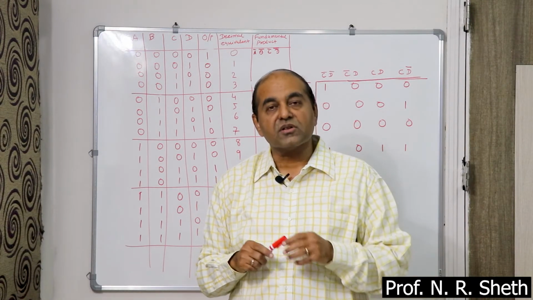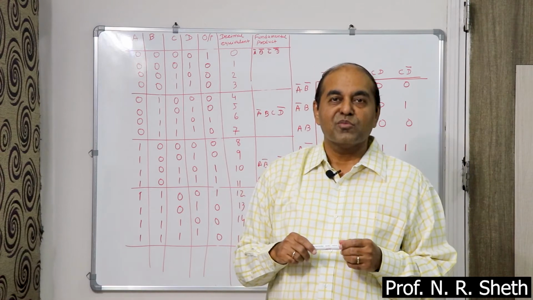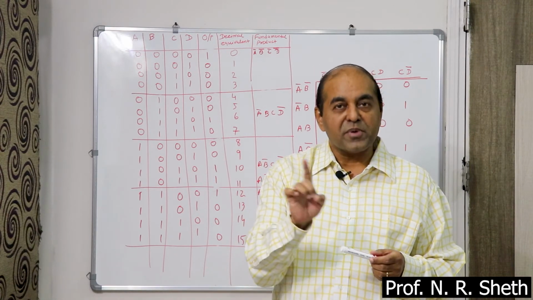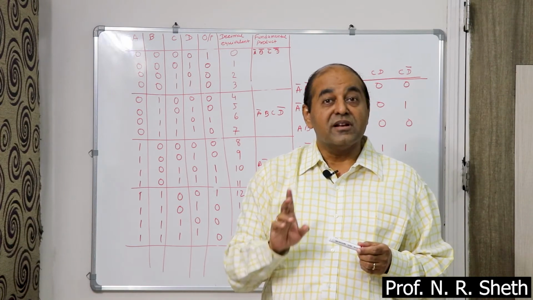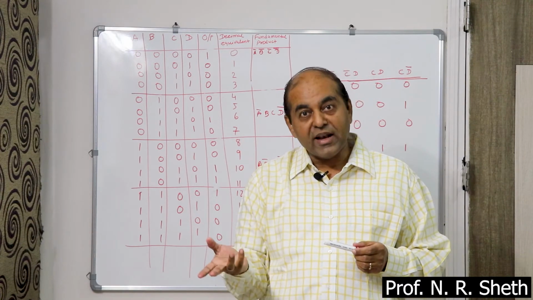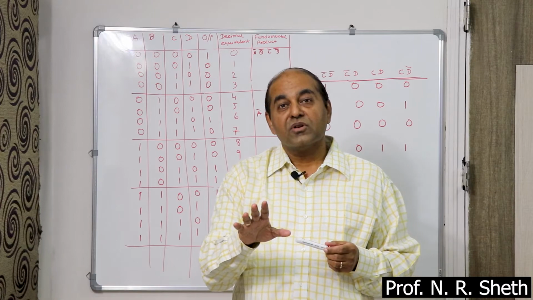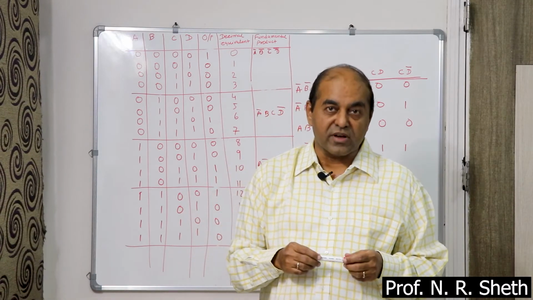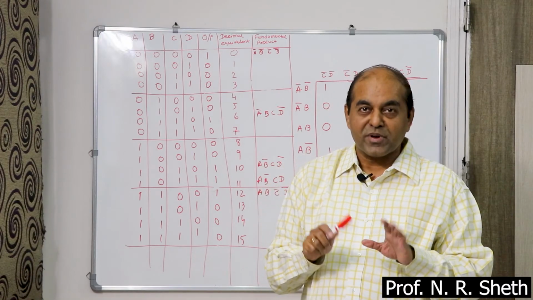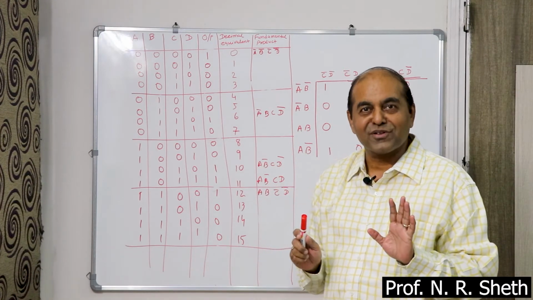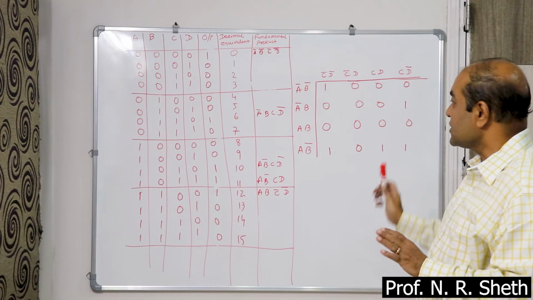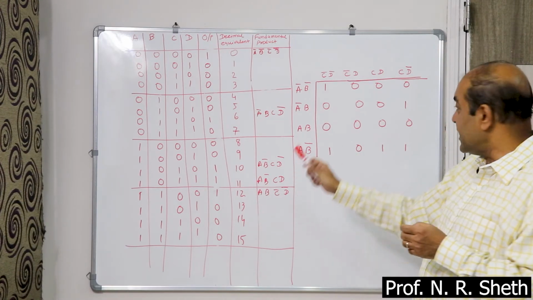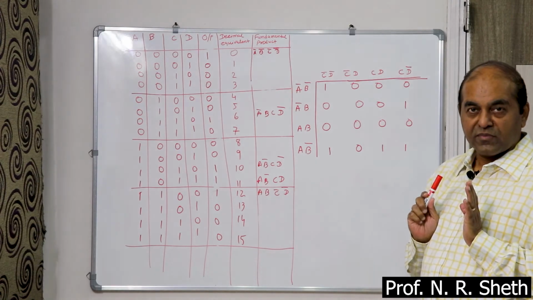Today I am going to discuss the rule for the simplification, but still 25% work of K-map is over. In next 2 or maybe 3 lectures, we are going to discuss the different cases for the K-map simplification. So topic is still not over. Only 25% work is over. So this is simply designing of truth table into K-map.